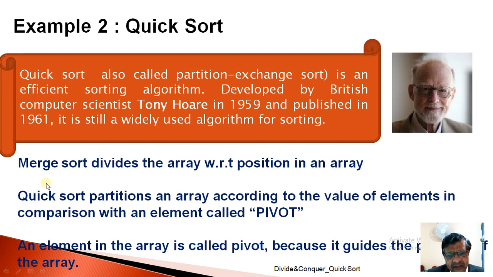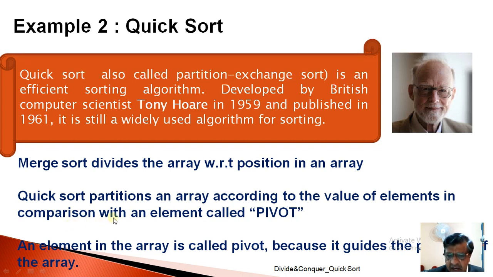As a comparison to merge sort, we can say that merge sort algorithm divides the array with respect to position in the array. That means in every iteration, merge sort algorithm divides the unsorted subarray exactly at the center.